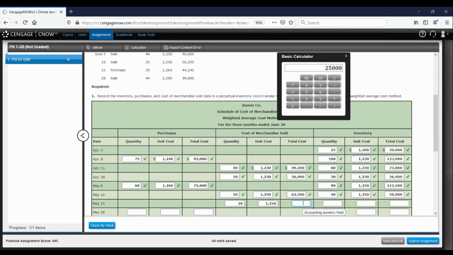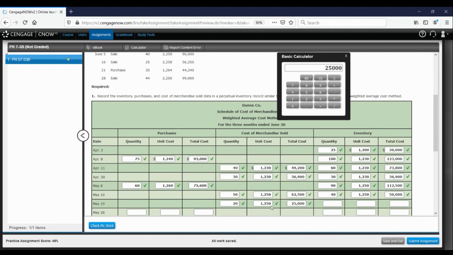And that would give you 25,000. So our cost of merchandise sold would be debited for 25,000 in the journal. Our credit would be to merchandise inventory to show that the merchandise inventory account has gone down. We credit it for 25,000.